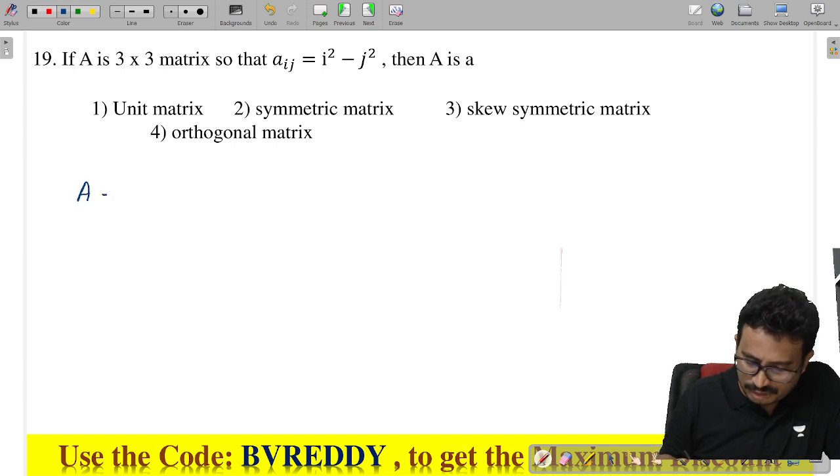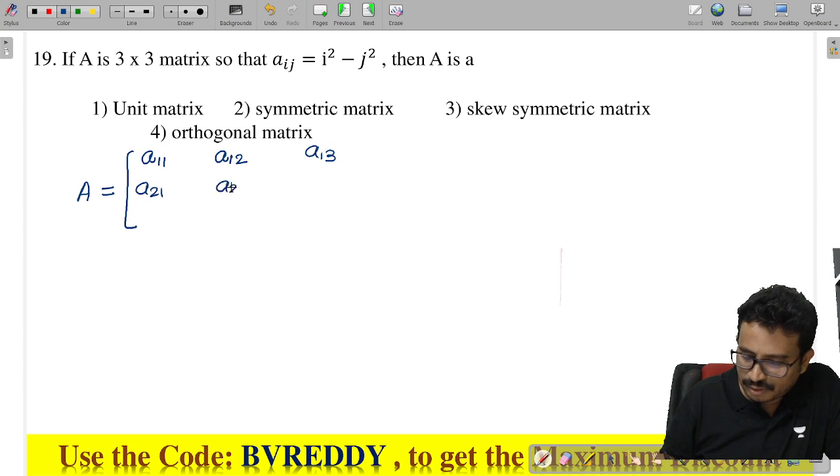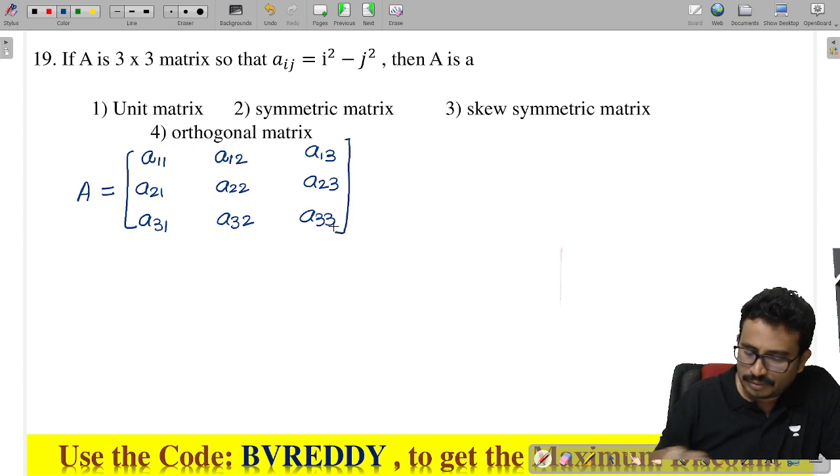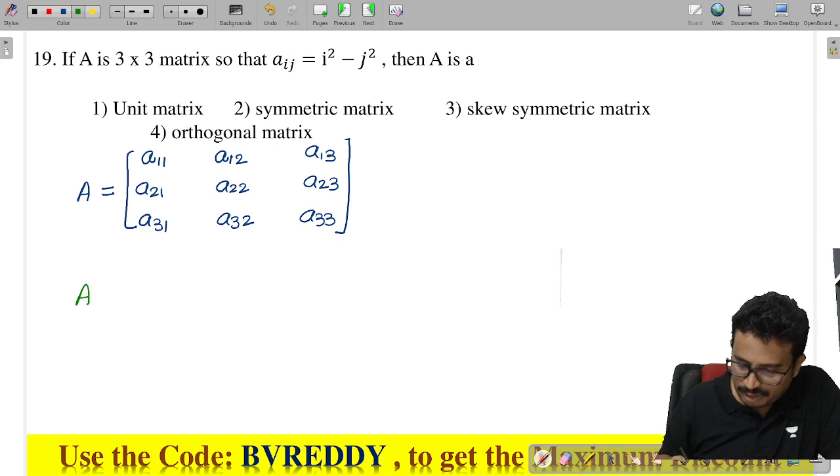So if we see this matrix, they gave a 3 cross 3 matrix, and you see the elements: here we have a11, a12, a13, a21, a22, a23, a31, a32, a33, right?